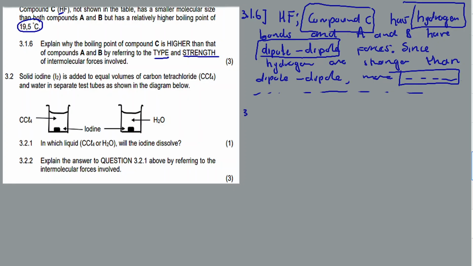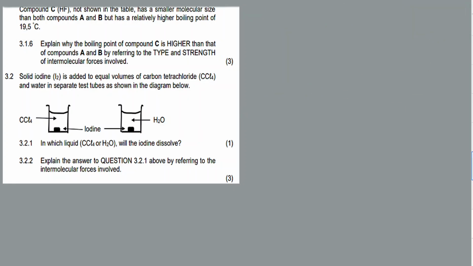3.2. Here in 3.2, solid iodine is added to equal volumes of carbon tetrachloride and water in separate test tubes as shown in the diagram below.